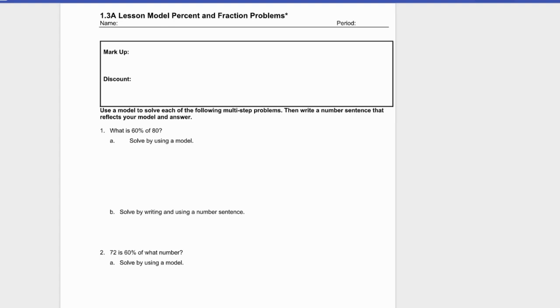So let's begin. A markup is the amount added to the cost of a price in order to make profit. So let's go ahead and take our stylus and write on our notes.